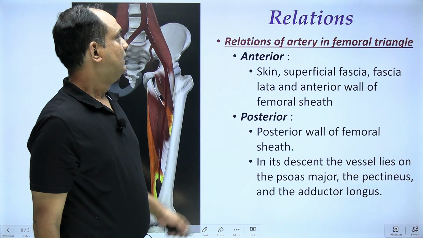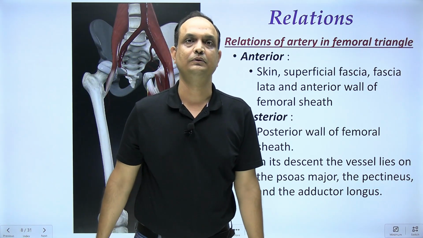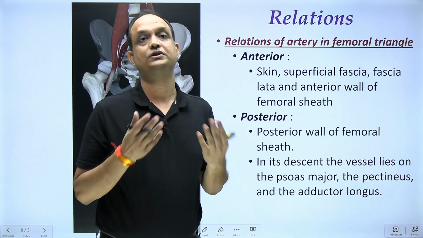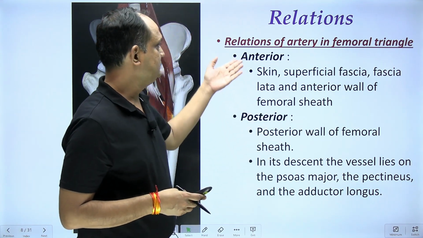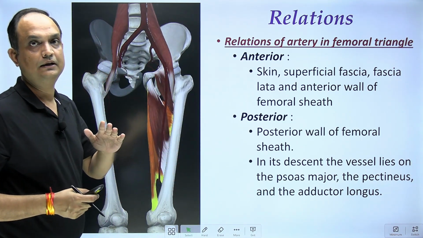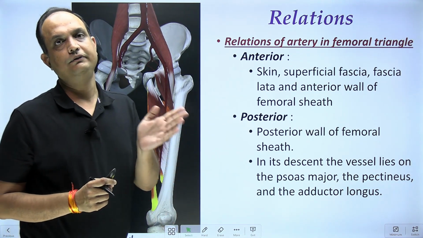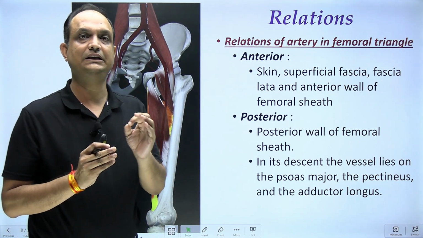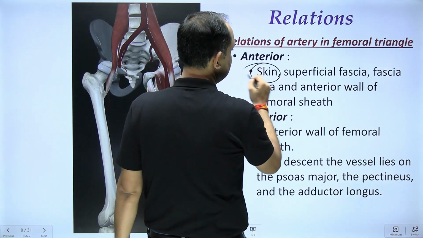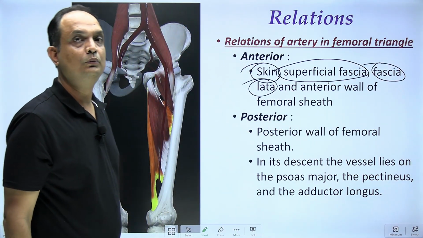Clear? So now what are the relations when the artery is running downward, passing through the inguinal ligament and reaching up to the adductor hiatus? What structures come in contact? When you see the anterior relation, when you are doing the dissection, you first remove the skin. Below the skin there is a superficial fascia. When you remove the superficial fascia, you have a thick layer of deep fascia known as fascia lata. So anterior relations are first skin, superficial fascia and fascia lata. Now there is one more special feature.